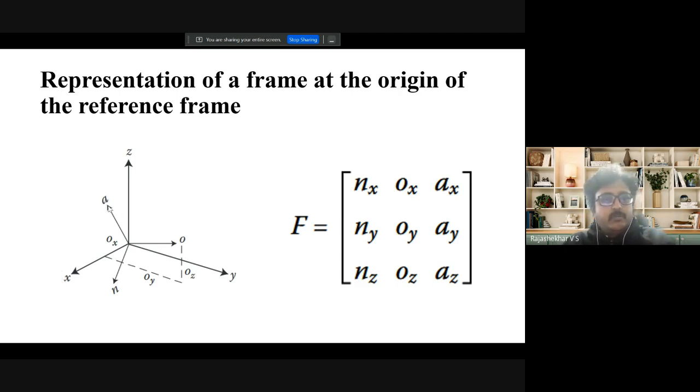But the local frame of the robot can be N, O, and A. This NOA is another frame which needs to be represented as F. Here, O is represented as the distance on the X, the distance on the Y, and the distance on the Z. That is how Ox, Oy, and Oz are obtained. Similarly, Nx, Ny, Nz, and Ax, Ay, Az. In total, 9 values are obtained from this figure to represent a frame at the origin of a reference frame.